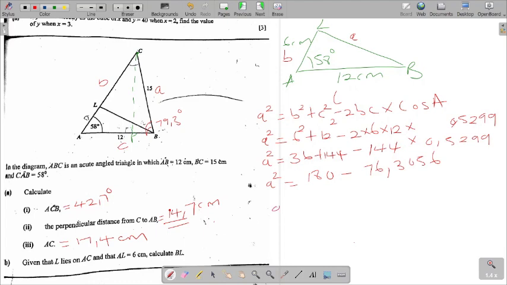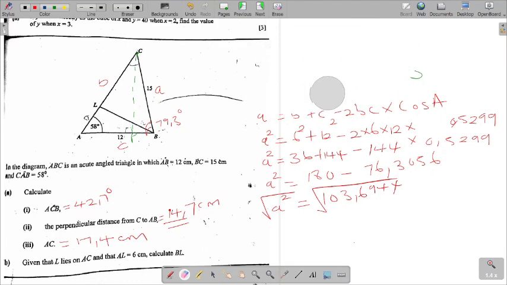So a squared is equals to 180 minus 76.3056, which is 103.694. So to get a, because we need a only, we root both sides so that we can be left with a.